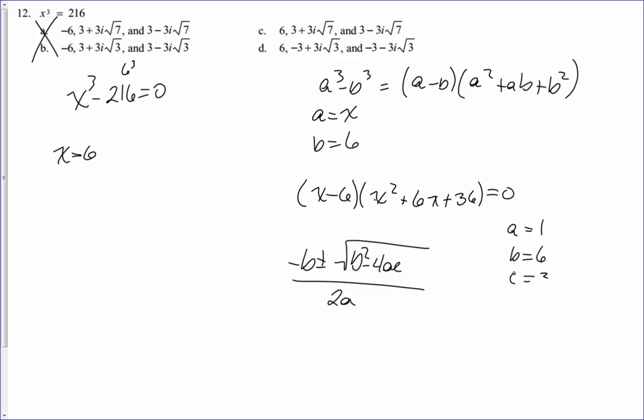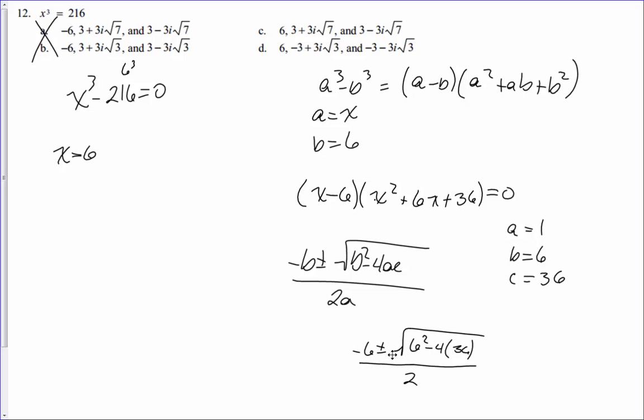Then, of course, c is the constant, just 36. So now, again, we just simply plug in. We're going to have negative 6 plus or minus the square root of 6 squared minus 4. Since a is 1, I'm going to leave it out. And then all of this is divided by 2a, and a is 1, so I'm just going to leave it off.